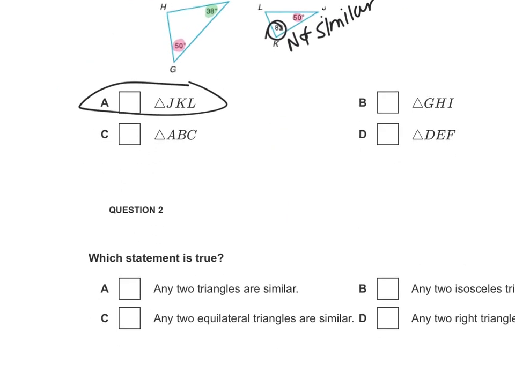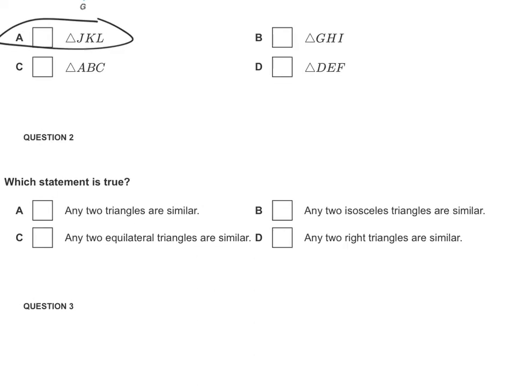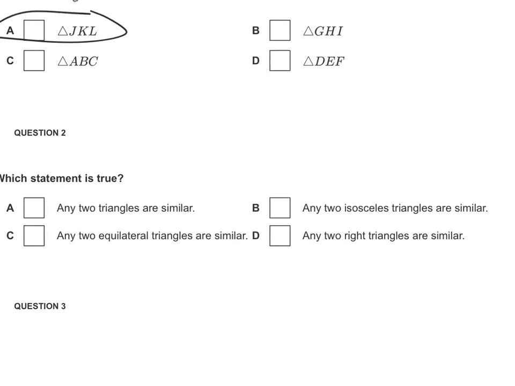Moving on, here we have to determine a true statement. So we have any two triangles are similar, any two isosceles, any two equilateral, and any two right. So based off of true statements, anytime you have an all cases situation, it's very complicated.